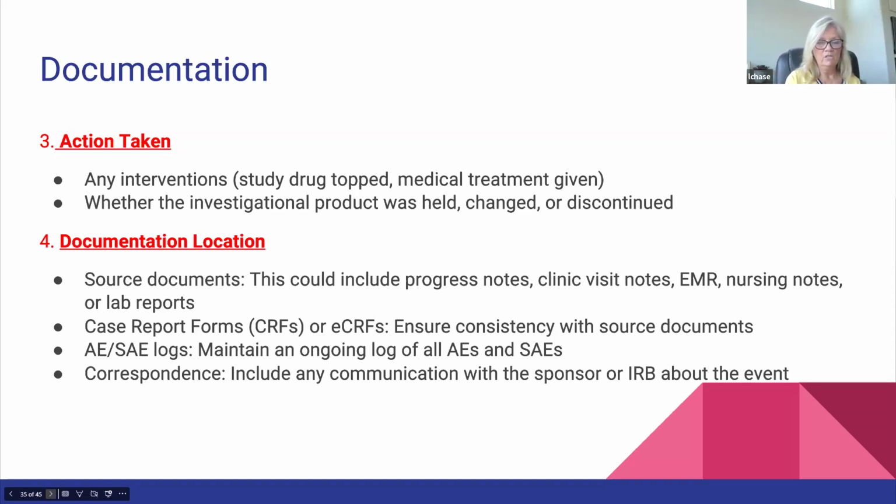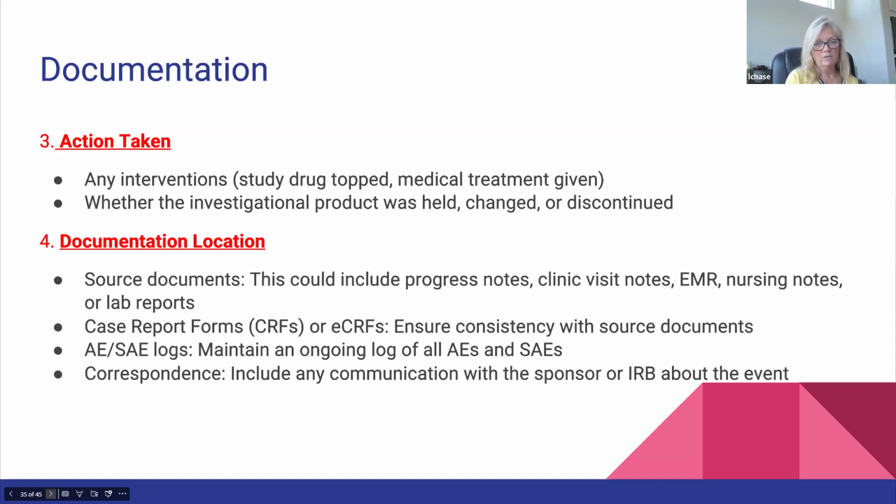And documentation location. So source documents include progress notes, clinic notes, EMR, nursing notes, and lab reports, case report forms, CRFs, and then electronic case report forms. Ensure consistency with source documents. AE and SAE logs: maintain an ongoing log of AEs and SAEs.